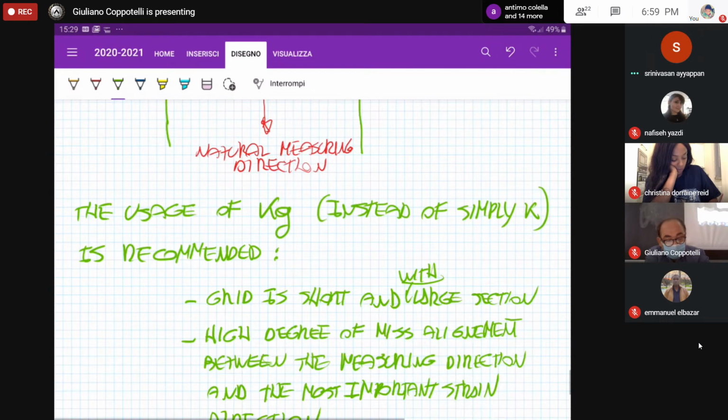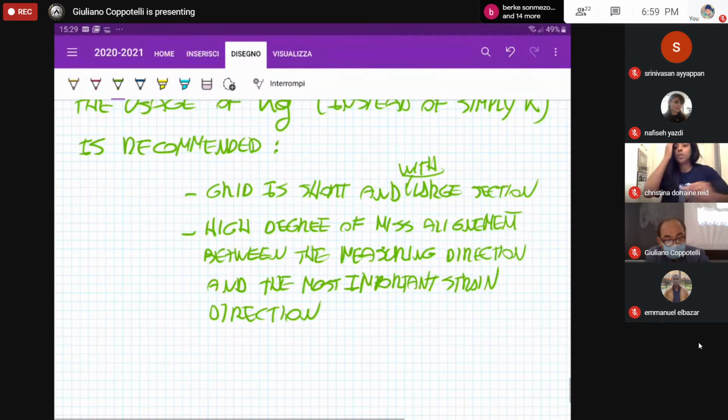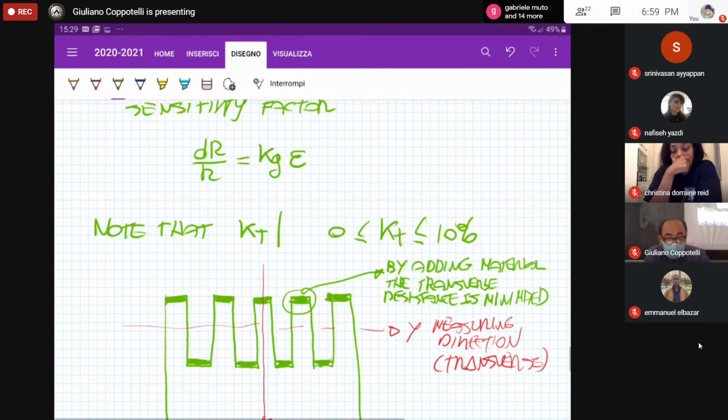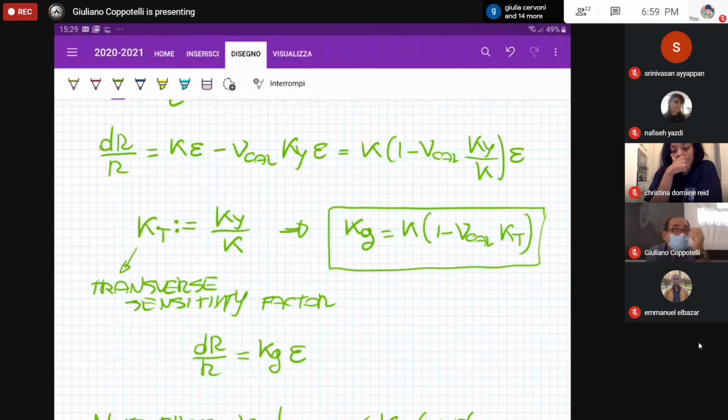Okay, Professor. If you go back to the notes, here, you can see that the global strain gauge factor, Kg, depends on Kt and depends on the calibrating material.